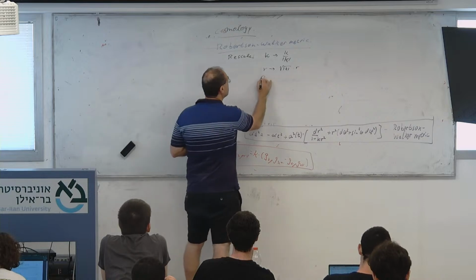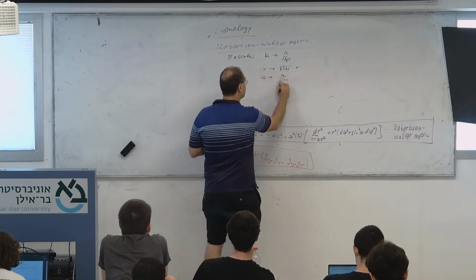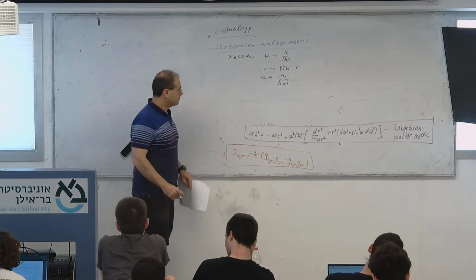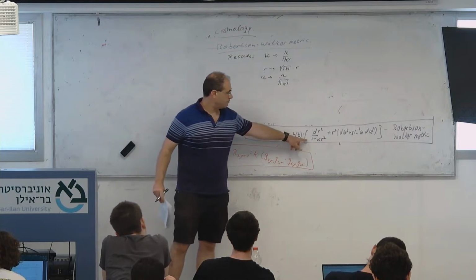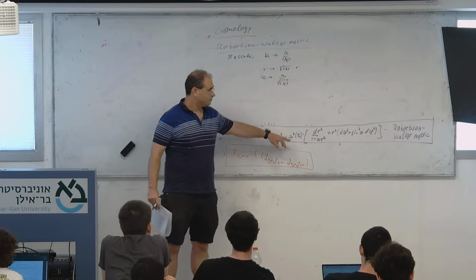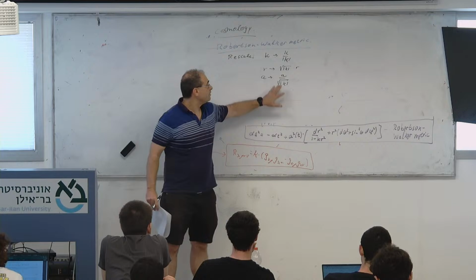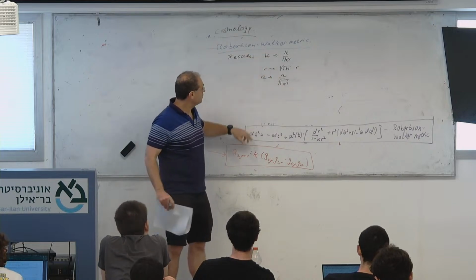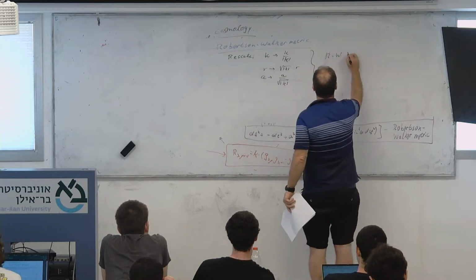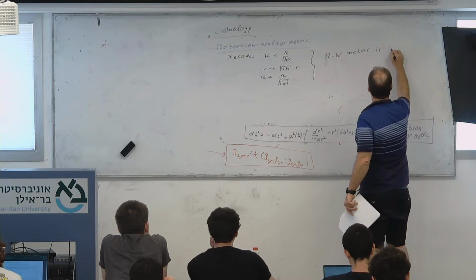And then a, we can normalize to a over square root of absolute value of K. What happens to this equation when we do that? It's 1 plus or minus. What happens? Nothing, it's invariant. The equation stays the same. If I do this rescaling, then the Robertson-Walker metric is invariant.